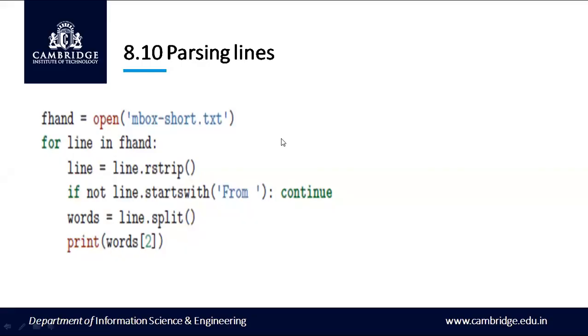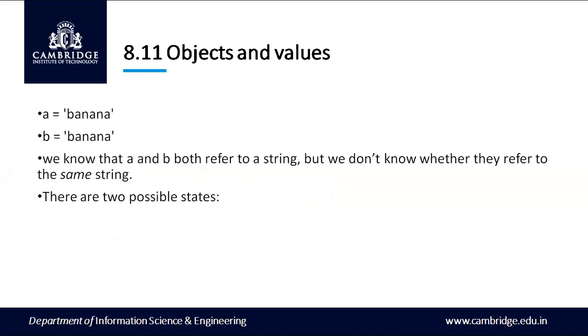So that is parsing lines. Here you can retrieve the lines in which you are interested from any text file and print whatever lines you want. Next we have objects and values. According to this example, A has the string banana and B also has the string banana.